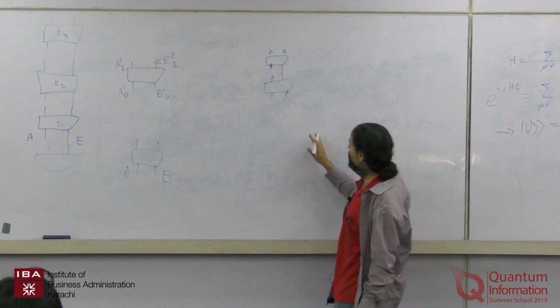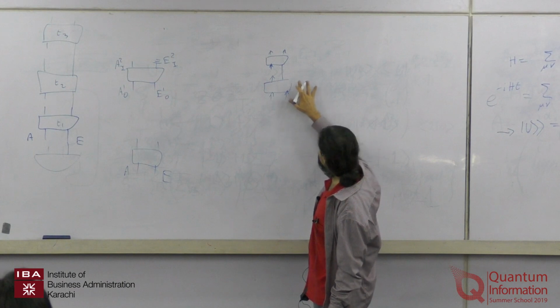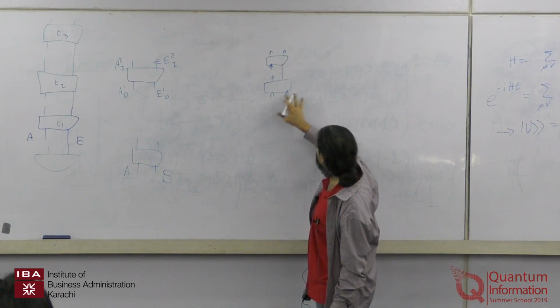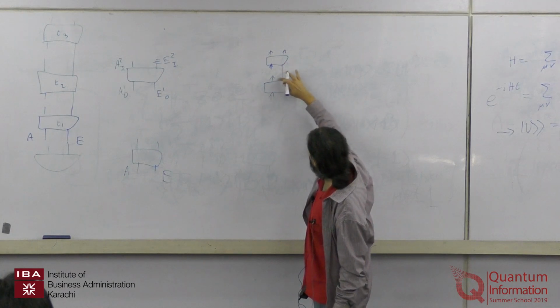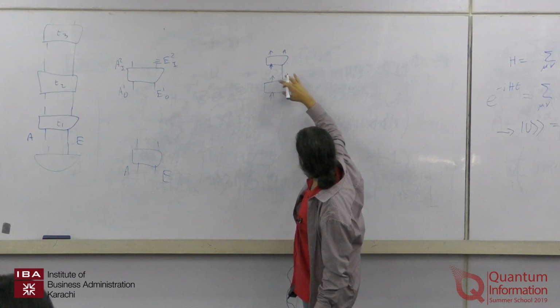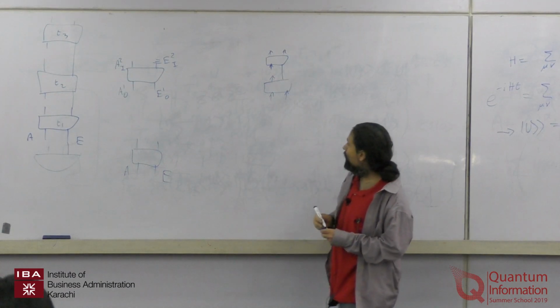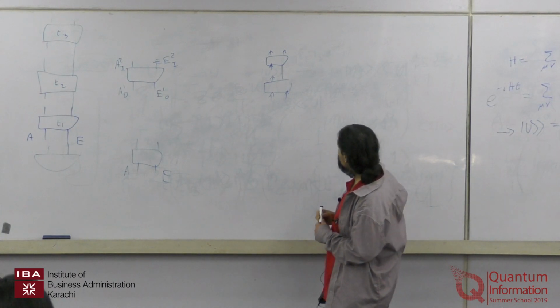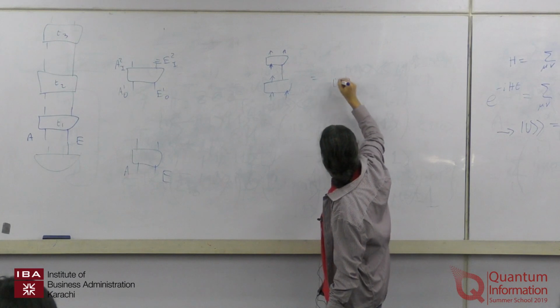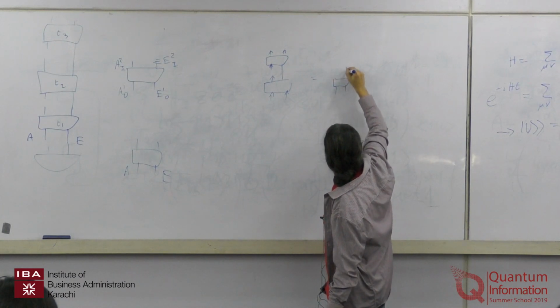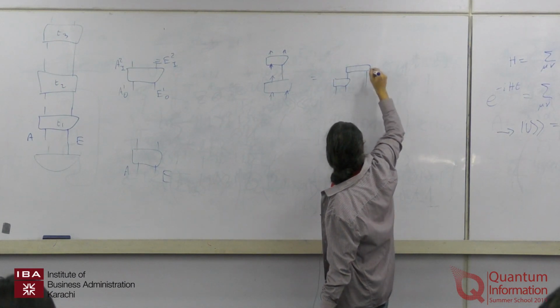So this will be a channel that maps this and this system to this and this. And maybe a simpler way to see this is to just rewrite this in this way.